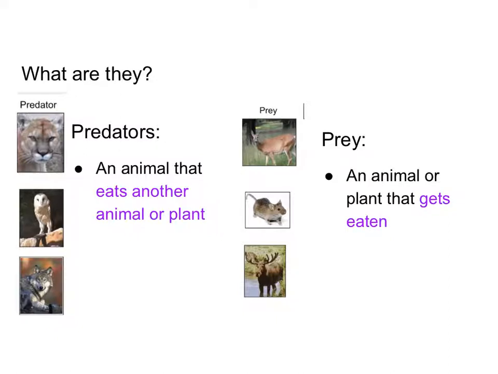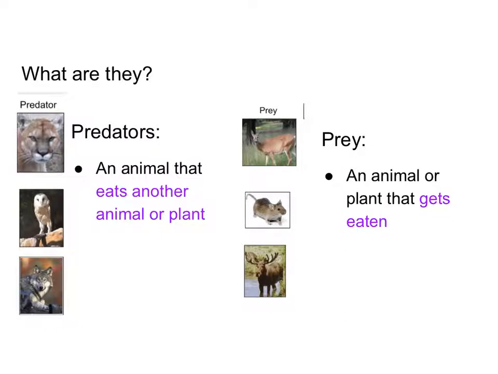Common examples of predators are ones that are bigger than their prey or stronger. So a bobcat, an owl, or a wolf. Those are all very dominant predators that are good at catching their prey.